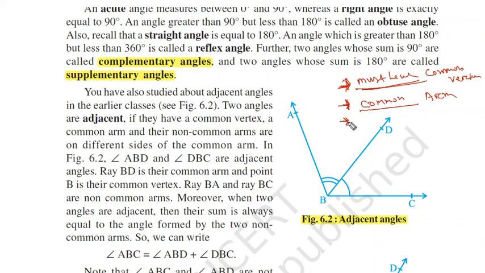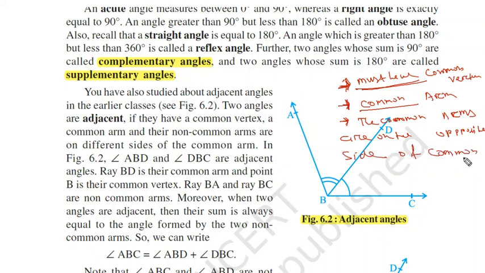And the third and most important condition was that the non-common arms are on the opposite side of the common arm. So these are the three conditions of adjacent angle.